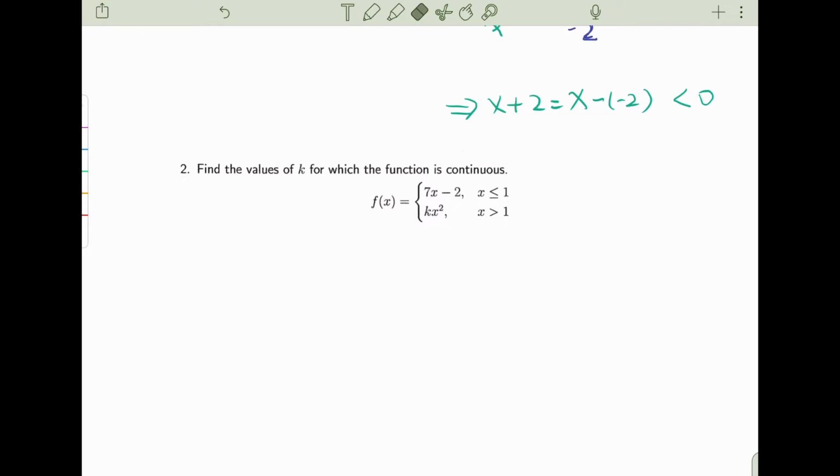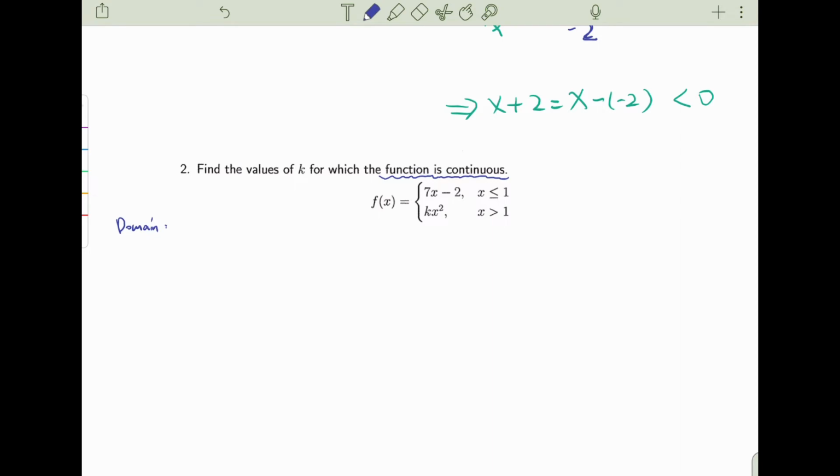What does it mean by the function to be continuous? Function f of x is continuous if and only if the function is continuous at each single point of its domain, right? So the domain of this function, we're gonna first take a look at this domain.